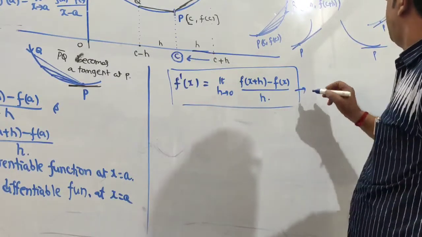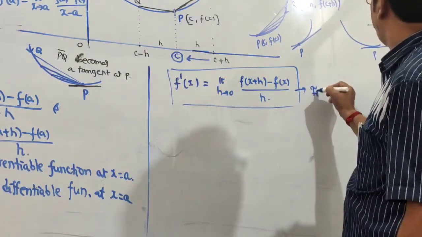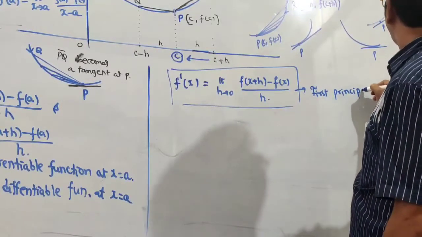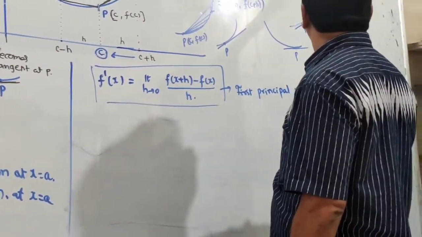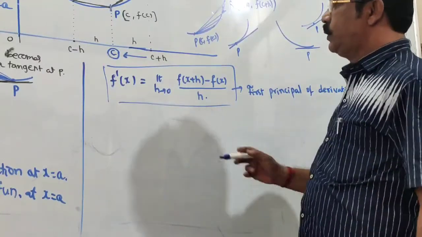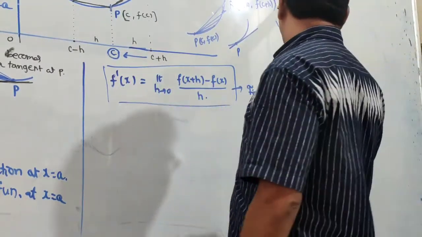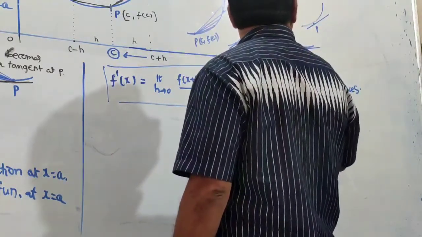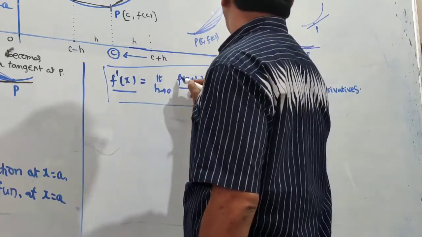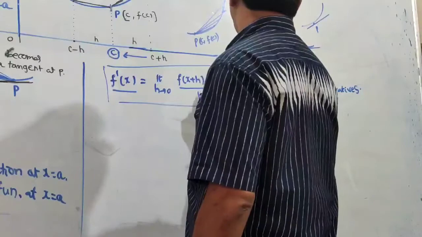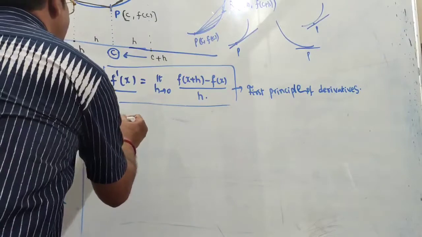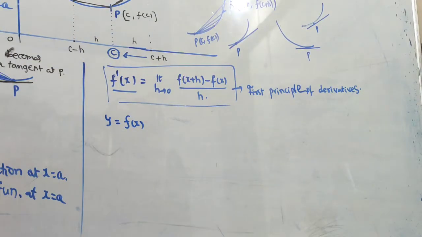Actually, this is called the first principle of derivative. The first principle of derivative means f dash of x equals limit h tends to 0, f of x plus h minus f of x divided by h. The given curve is y is equal to f of x.